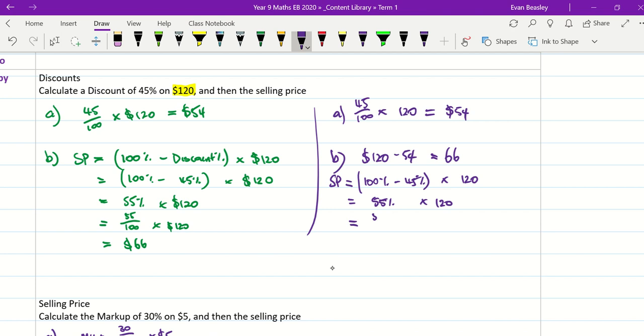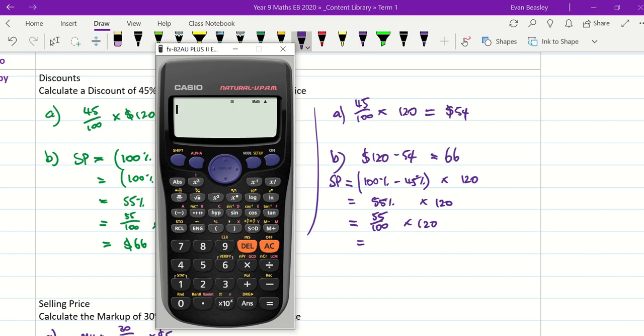Now 55% is like saying 55 over 100 times 120 equals, let's grab our calculator, so it's 55 over 100, and it should equal that $66, shouldn't it? Oh, okay, I just need to, oh, what have I done? I've made a mistake, look at that.